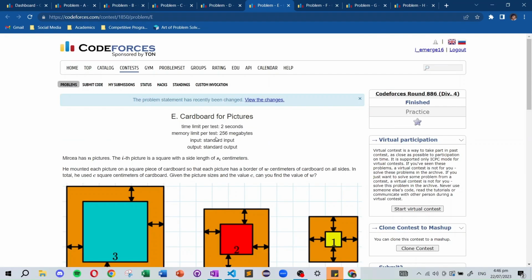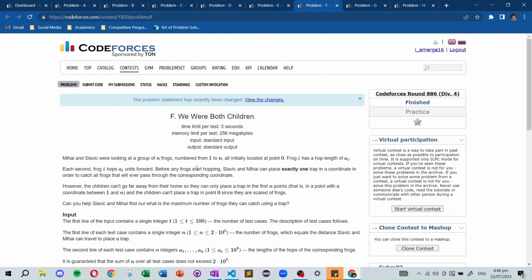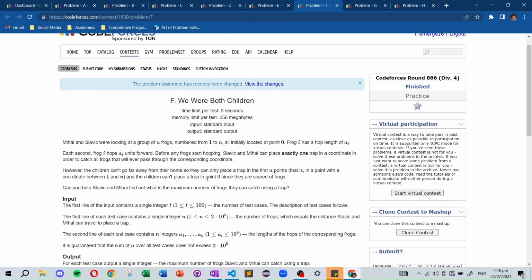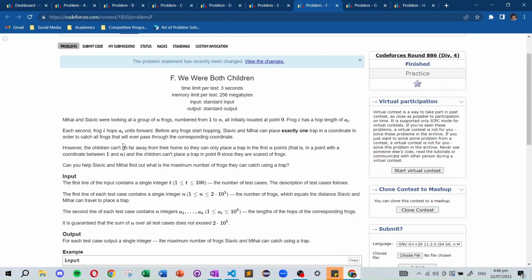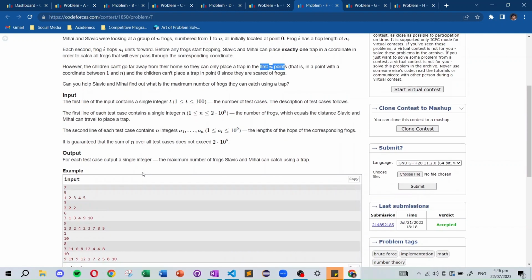Okay, so that is problem E. And then for problem F, you have n frogs, and each frog only hops a_i units forward. You can place only one trap on the first n points, and you want to find the maximum number of frogs that you can catch using that trap.